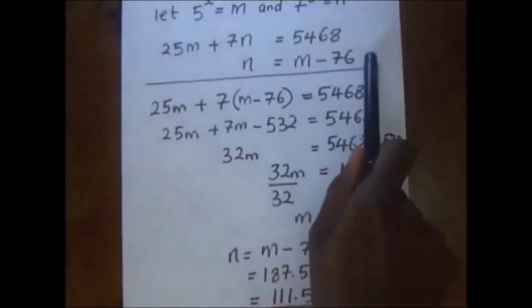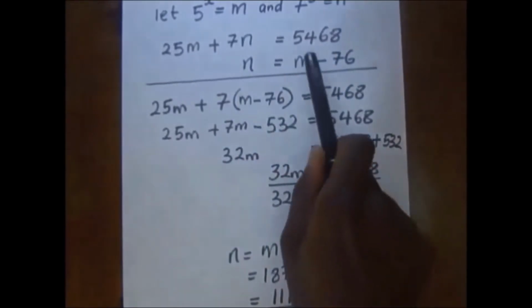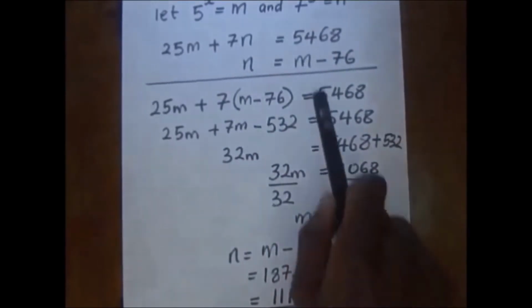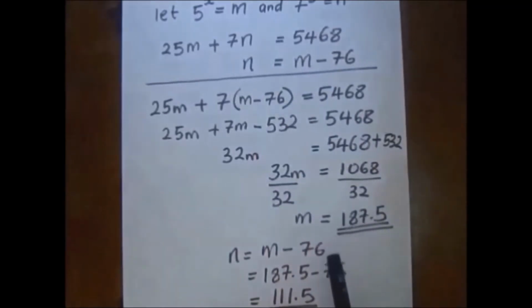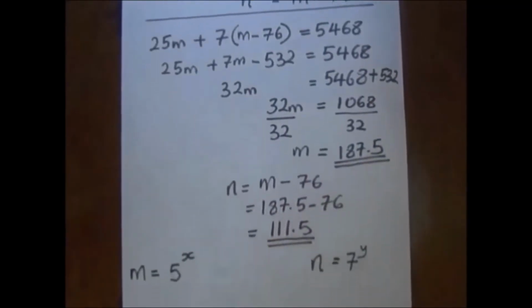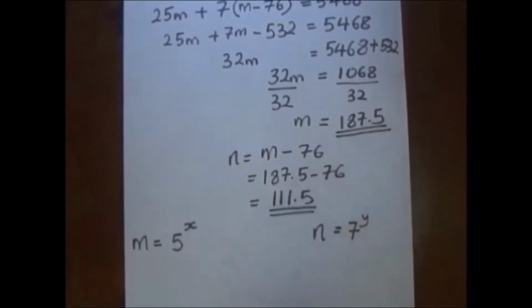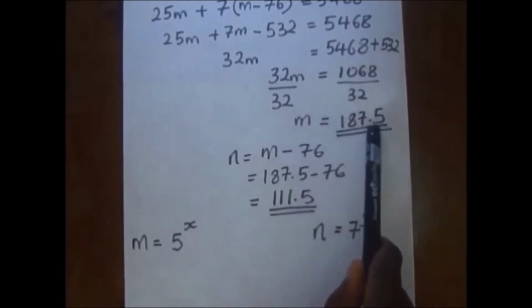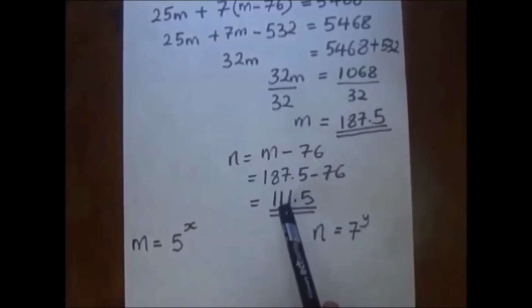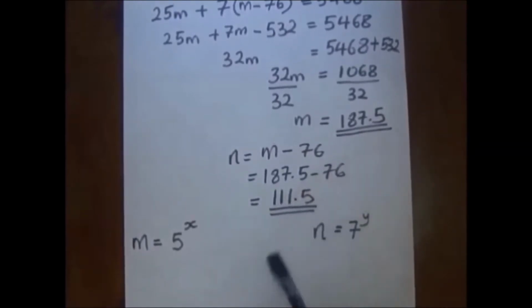This is the value we are substituting in, the value of m. So you substitute this value of m into this expression, and we get our value of n there as 111.5. So we now know that m is 187.5 and n is 111.5.